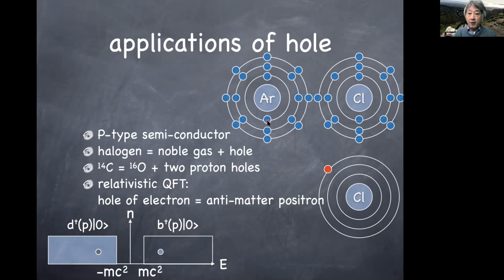If you send in a photon, you can excite a 1s electron to 2s. Then you have one electron in 2s and one vacancy in 1s, that's the hole. And that's the same thing as pair creation of a hole in the 1s orbital and a particle in the 2s orbital. Am I answering your question, Daniel?